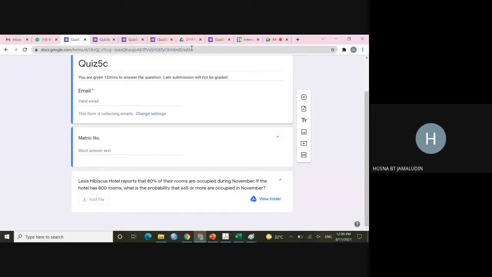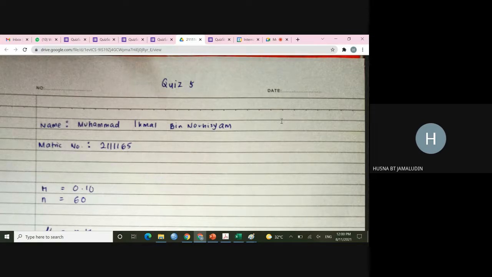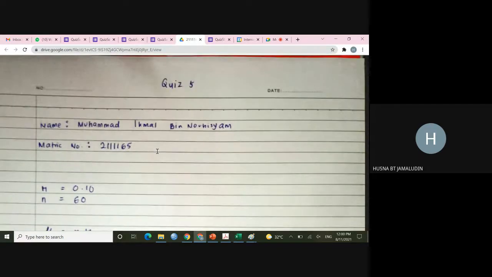I didn't ask about other things, but many students write something unnecessary. This is quiz 5, and then you write your name, your metric number. Sometimes you even write the date. It is not needed. It will consume your time. Even though these students put many unnecessary things, you still can submit within 2 minutes. But let me tell you, just submit your working.